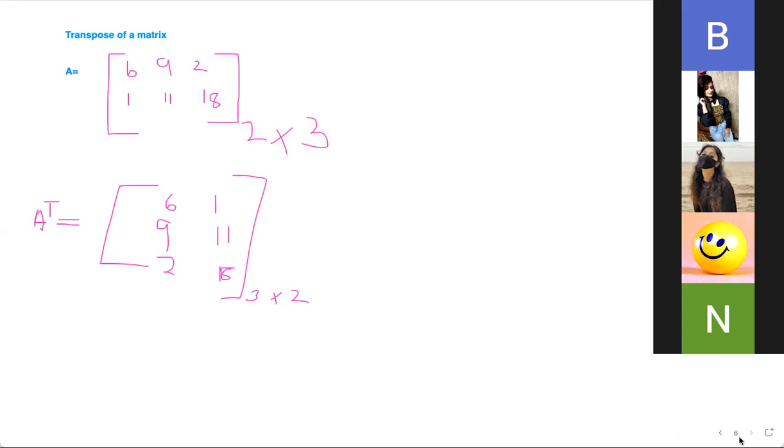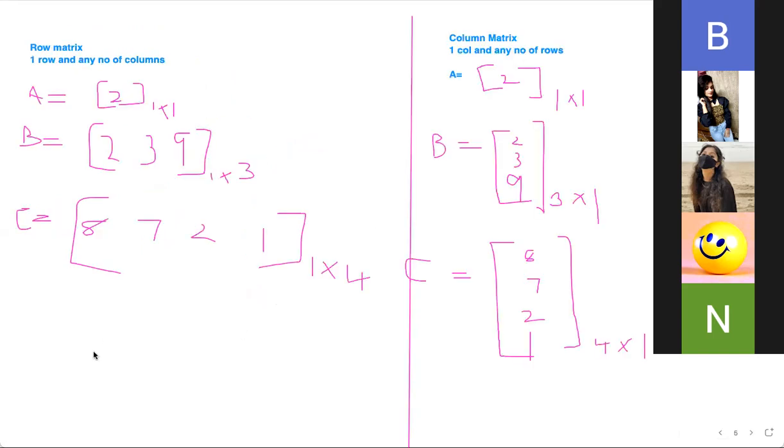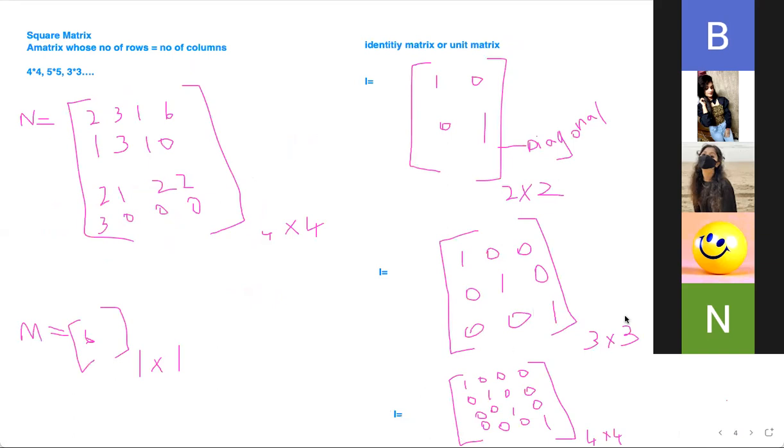Can you find out the transpose of n? Find n transpose. Class, will you want to try? Write down n लिखो और n transpose find out करो. सबका नहीं, सिर्फ n.